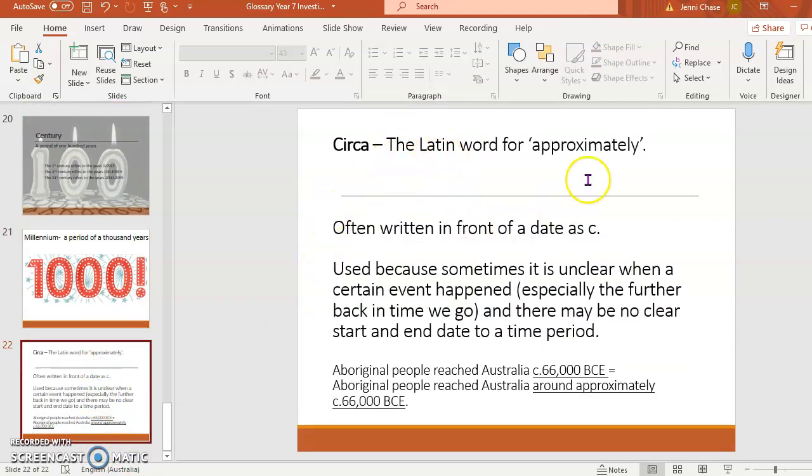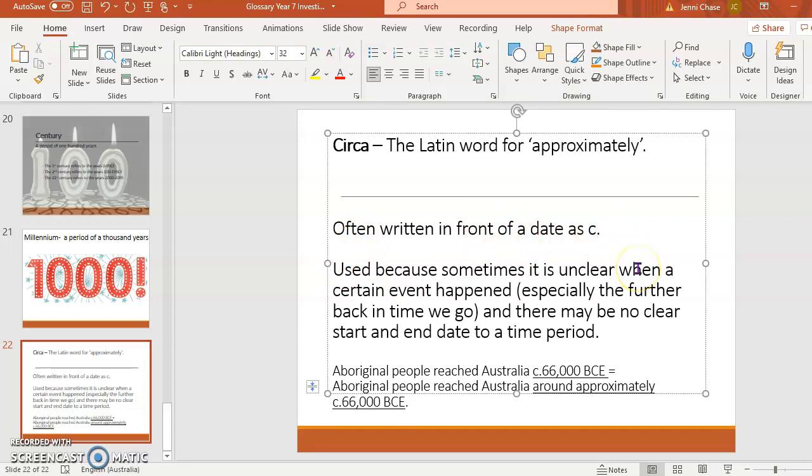Okay, this is a Latin word for approximately. Okay, it's often written in front of a date as C dot. So you might write C dot 300 BCE. Okay, as a date. So that means circa approximately 300 years before the Common Era.